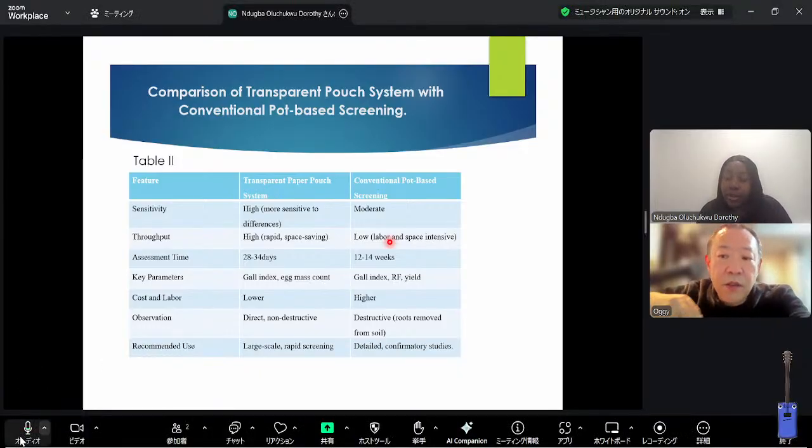So this is about all the containers of the plant, like rice.